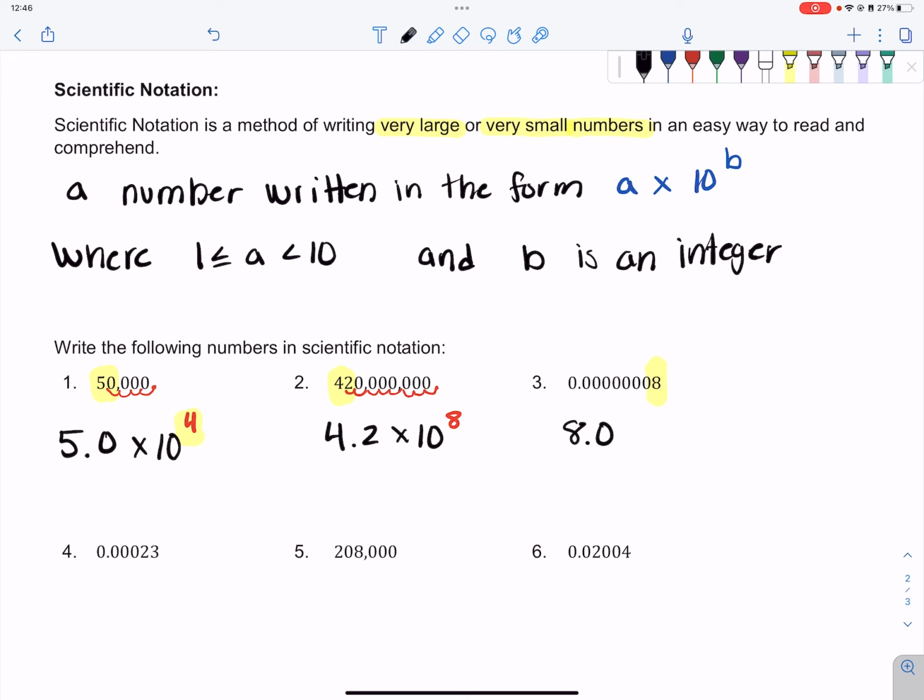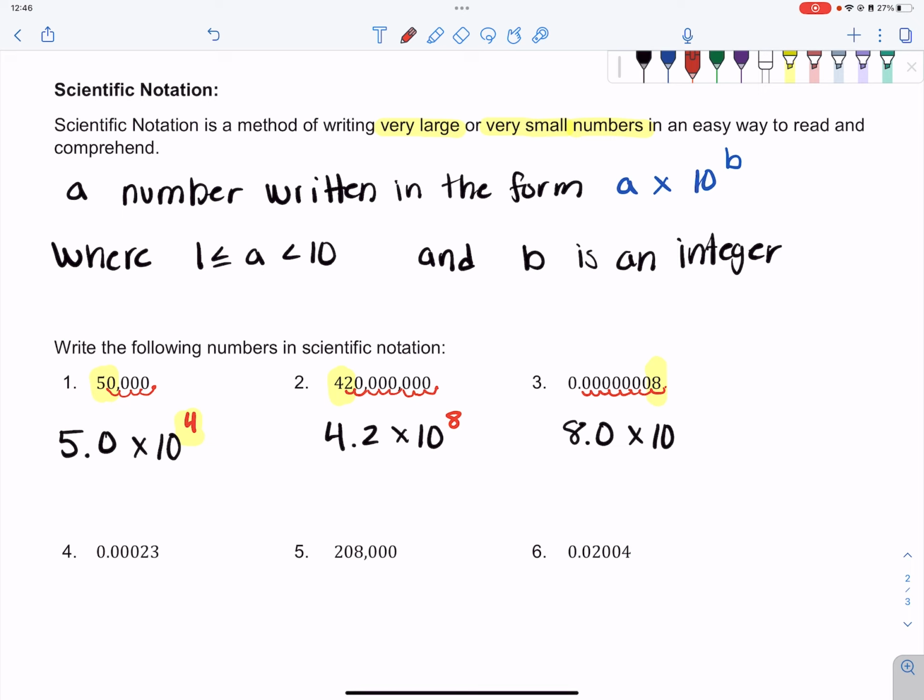So I'm going to have 8 times 10, and now I need to figure out my exponent. So I'm going to count how many spaces I have to move my decimal place in order for it to be where I want it to be. So we have 1, 2, 3, 4, 5, 6, 7, 8.